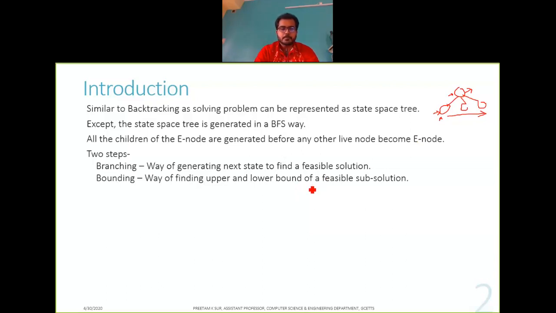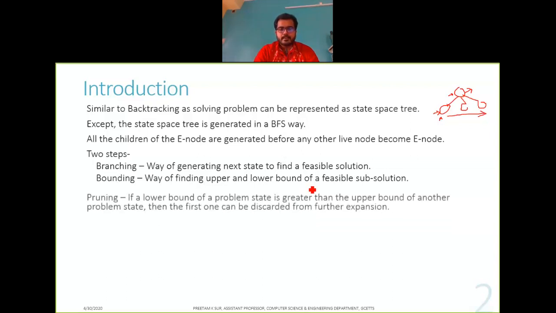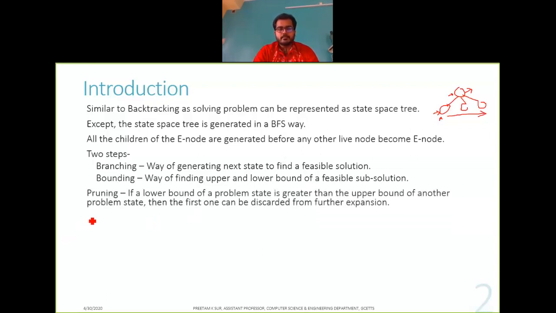Okay, another term that we'll get to know is pruning. Pruning is nothing but discarding the node which does not have the possibility of getting a good answer. How is it determined? Suppose the lower bound of a problem state is greater than the upper bound of another problem state.